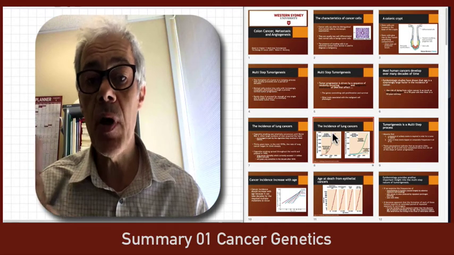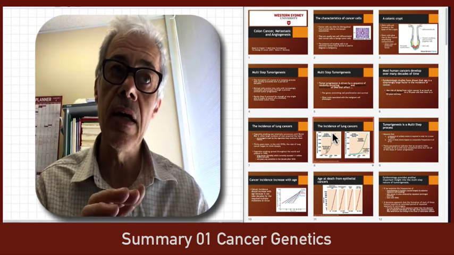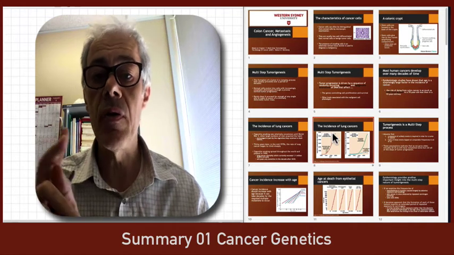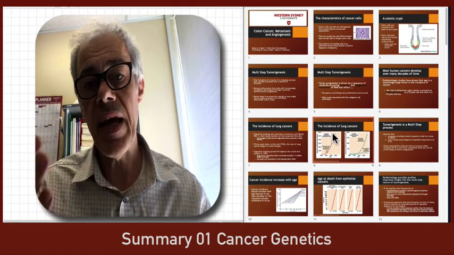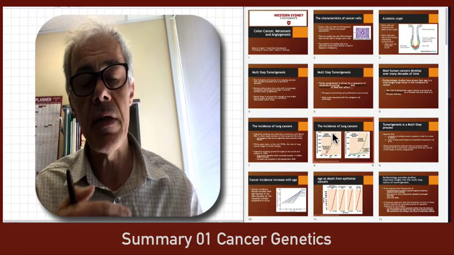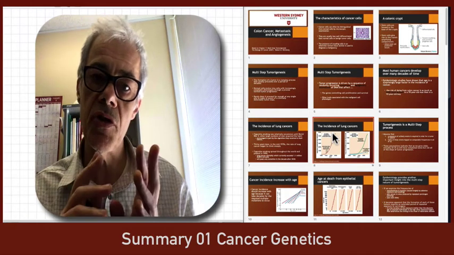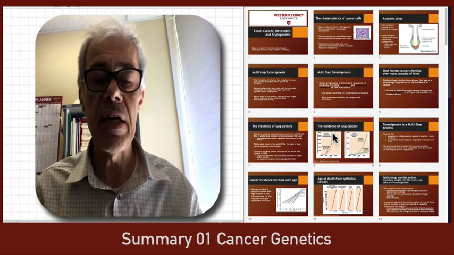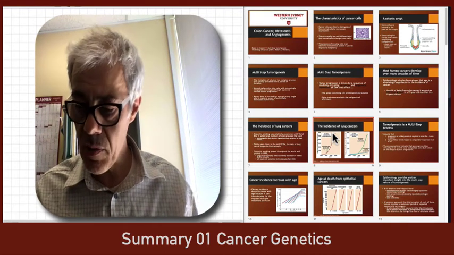You need to knock out both copies because the remaining good copy can protect the cell from the loss of function. Okay. So again, when you're looking at oncogenes and tumor suppressors, you need to think about the genetics of them, 1 allele versus 2, and what's the consequence of having mutations in those scenarios. Anyway, we'll talk about that later when we get to that stage.